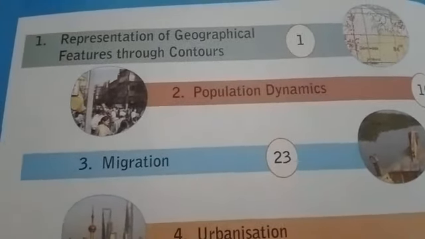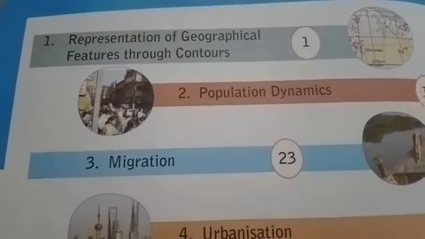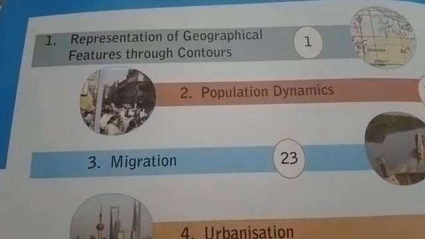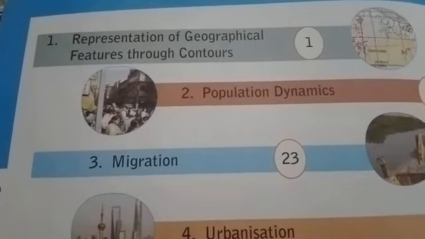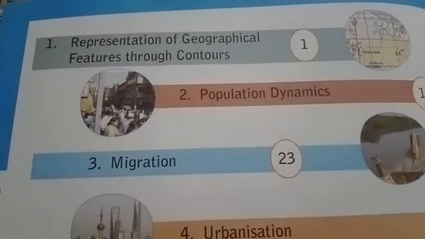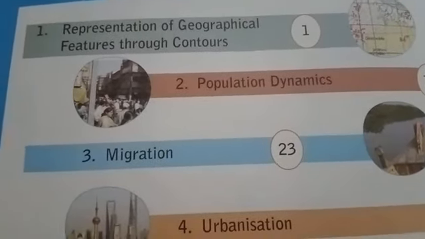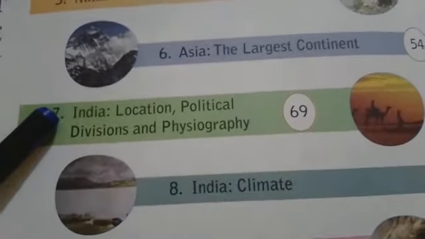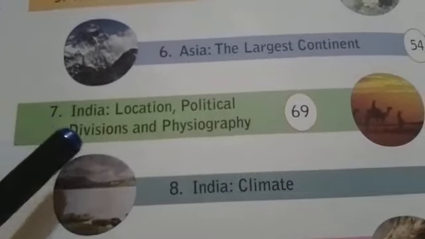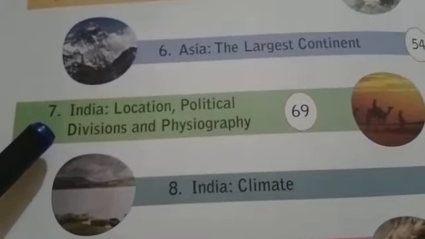You know, we already completed the syllabus for our first term examination. Let me tell you again that the chapters included in our first term exam are chapter 7, India: location, political divisions and physiography.